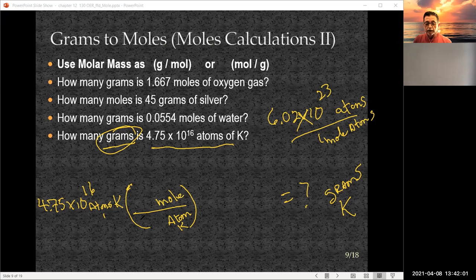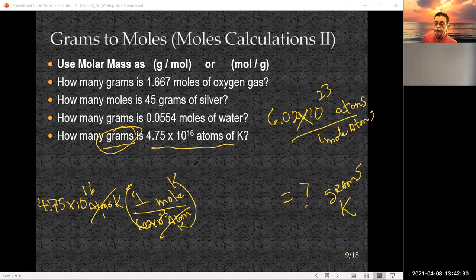And so I get 6.02 times 10 to the 23rd in the denominator and 1 mole of potassium. So this first factor gets me to moles of potassium. When I start with atoms or molecules and I need to get to moles of whatever I'm starting off with, I need to divide by Avogadro's number.